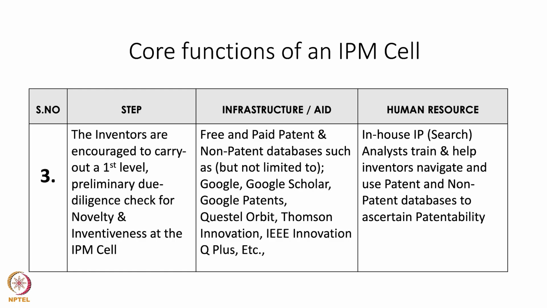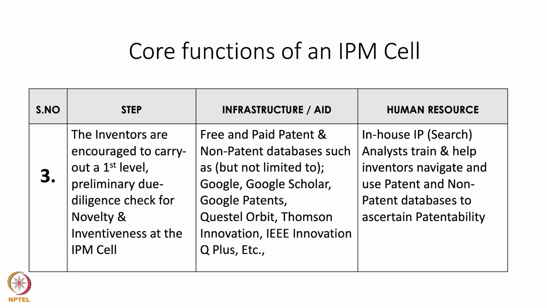The analysts who work within the team are trained, and they help the inventors navigate and use patent and non-patent databases to ascertain patentability. It's preferable that the IPM cell employs people and trains them, or finds people who are trained to do search in the market, because search is going to be their biggest technical activity.